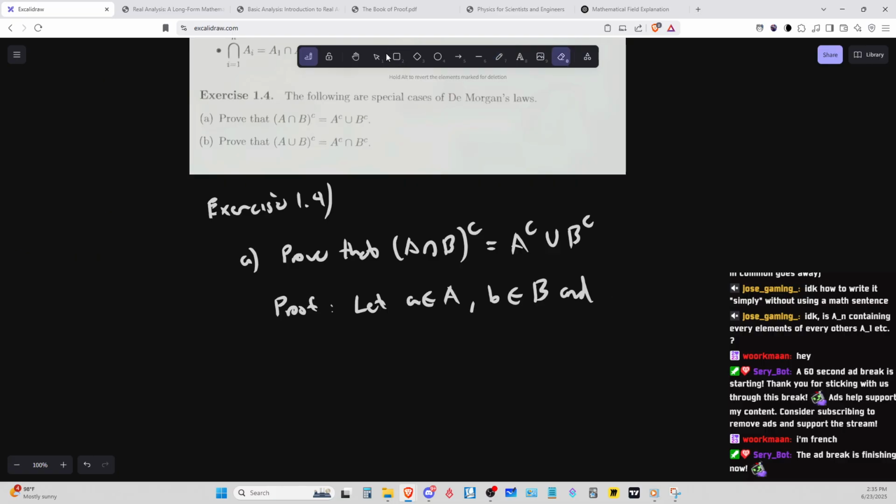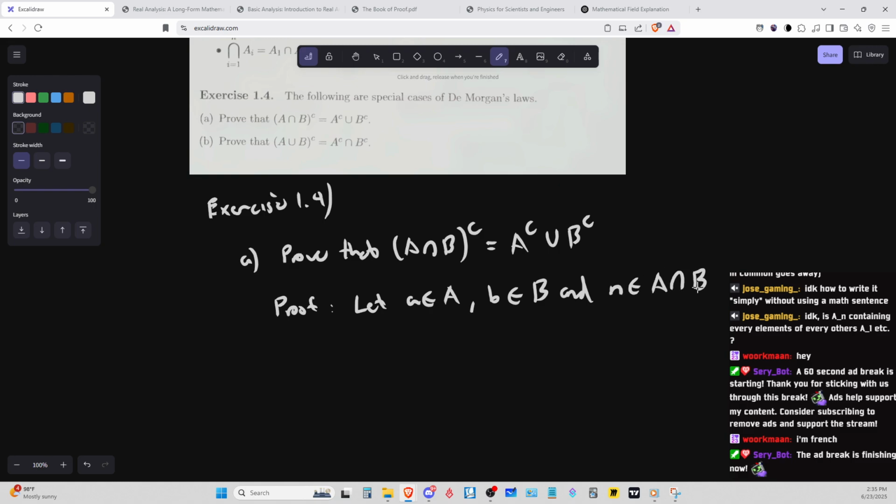Let's write n for the intersection of A and B. So n is an element of A and B. So now we have to think of the complement to it.